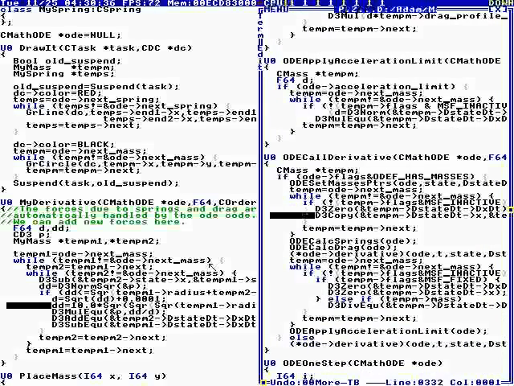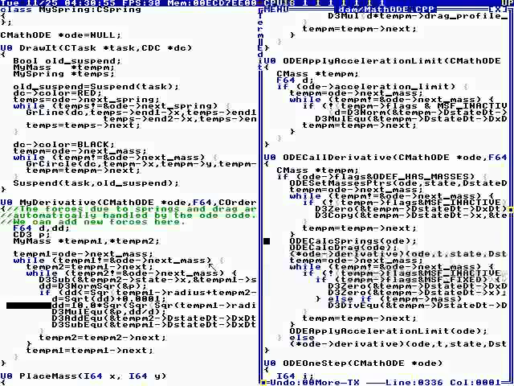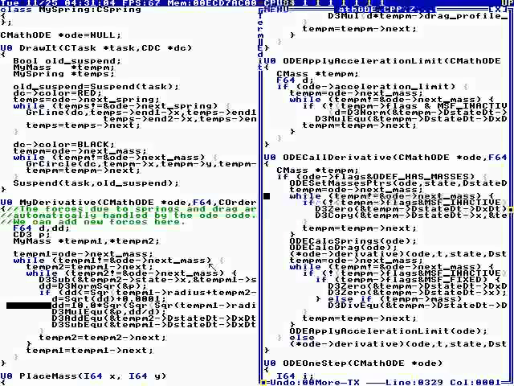So when it calls the derivative, where does it call your derivative? Here's where it calls your derivative. And then after it's done, it does the force equals mass times acceleration. It does some more calculations to do F equals ma. So in other words, if you want to use the built-in masses and springs, it will already calculate it.